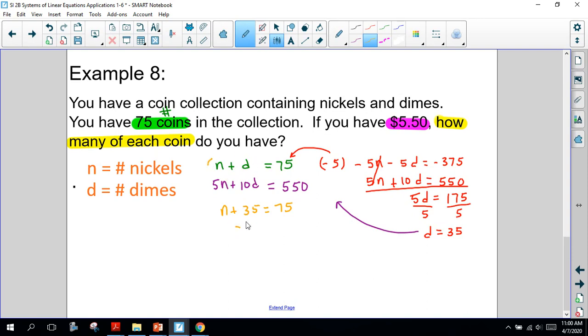So we subtract the 35 on each side, and we find out in this problem that the number of nickels ends up being 40. So my final answer here, the number of nickels is 40, and the number of dimes is 35.